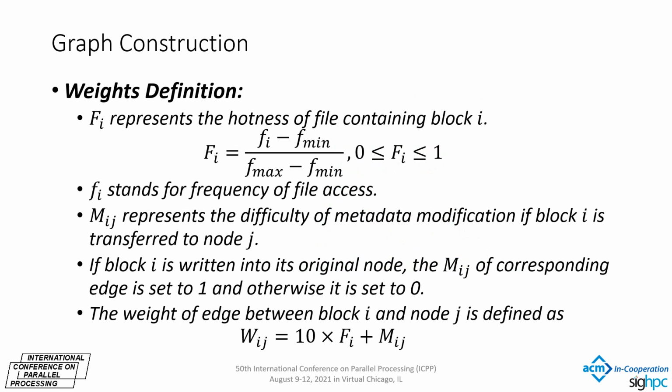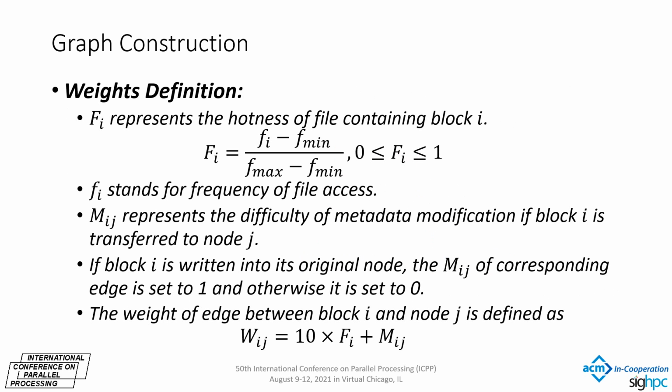The definition of weight is the key part of the construction. Fi represents the hotness of the file containing block i, which is defined as (Fi minus Fmin) over (Fmax minus Fmin), where Fi stands for the frequency of file access. Mij represents the difficulty of metadata modification if block i is transferred to node j.